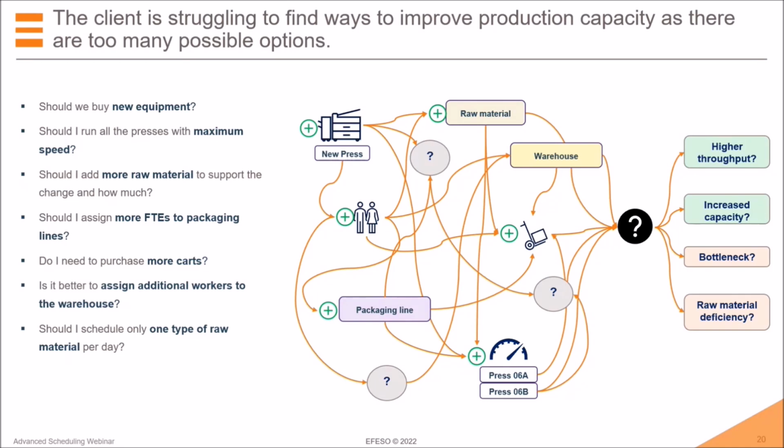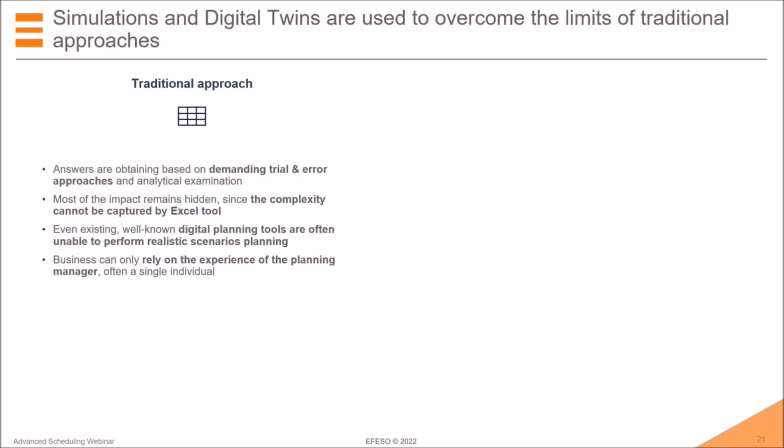If we look at a traditional approach, you may want to go for a trial-and-error scheme, for example guided by domain knowledge, but this is usually risky because it takes time and effort. You can use simple tools like Excel, but most of the facts remain hidden, not because Excel is a bad tool per se, but because it's not meant to capture the complex dynamics and variability of a system.